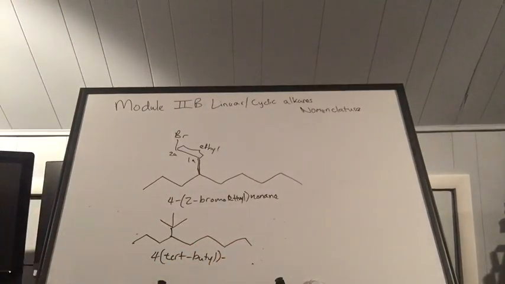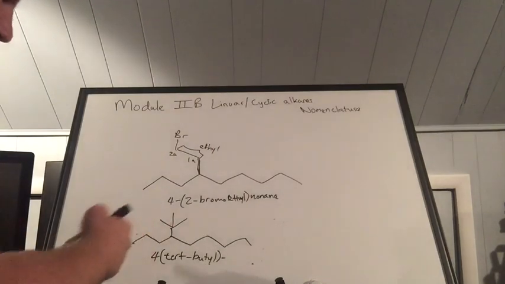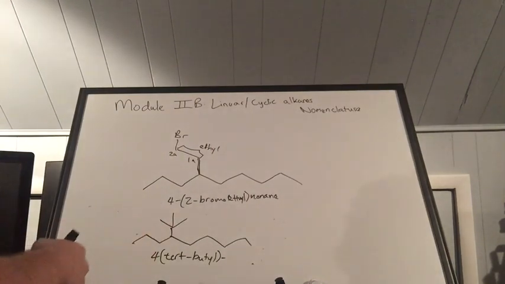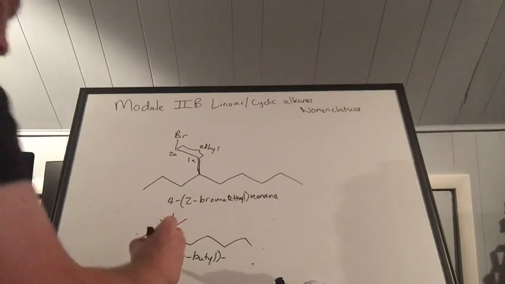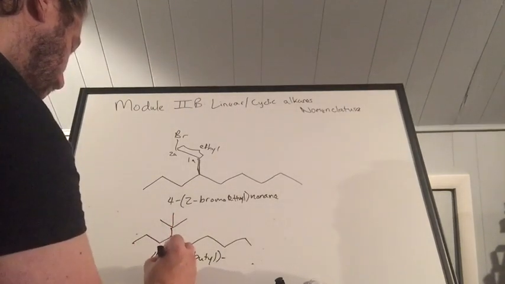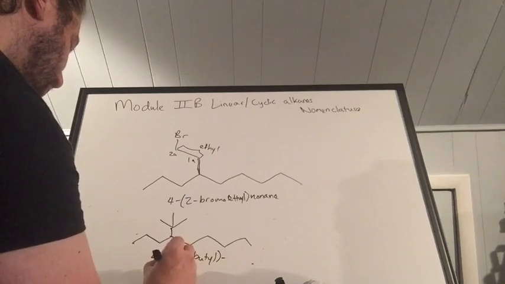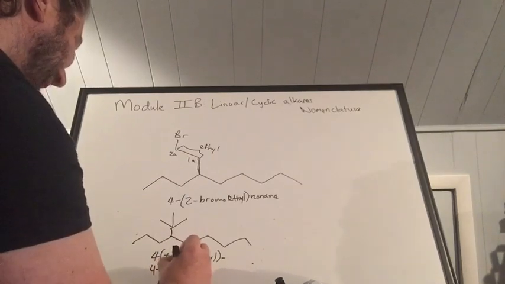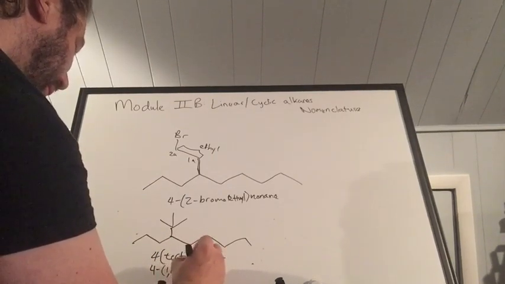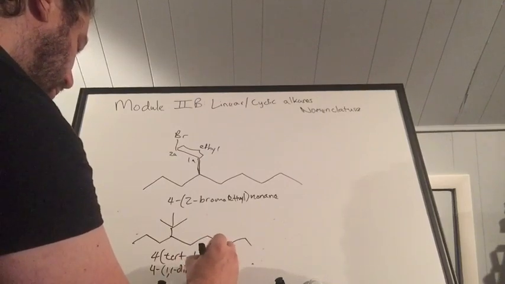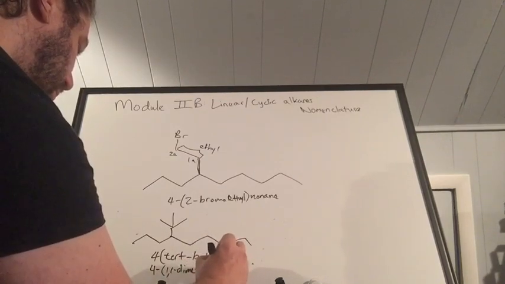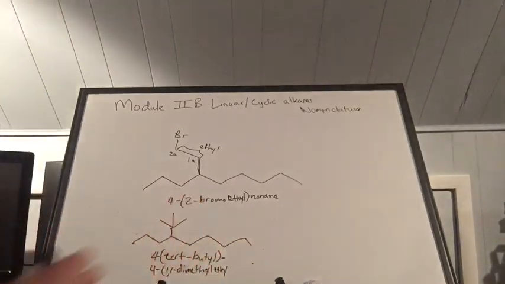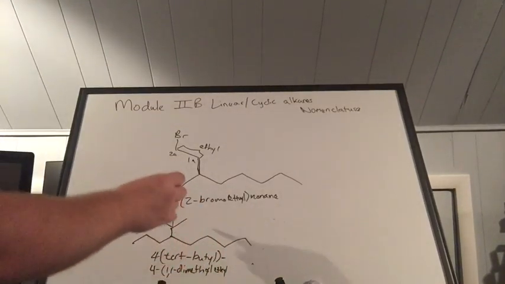If you wanted it to be a little bit more formal, you would write 4-1,1-dimethylethyl. So 2 methyls hanging off of an ethyl in the 1 position.